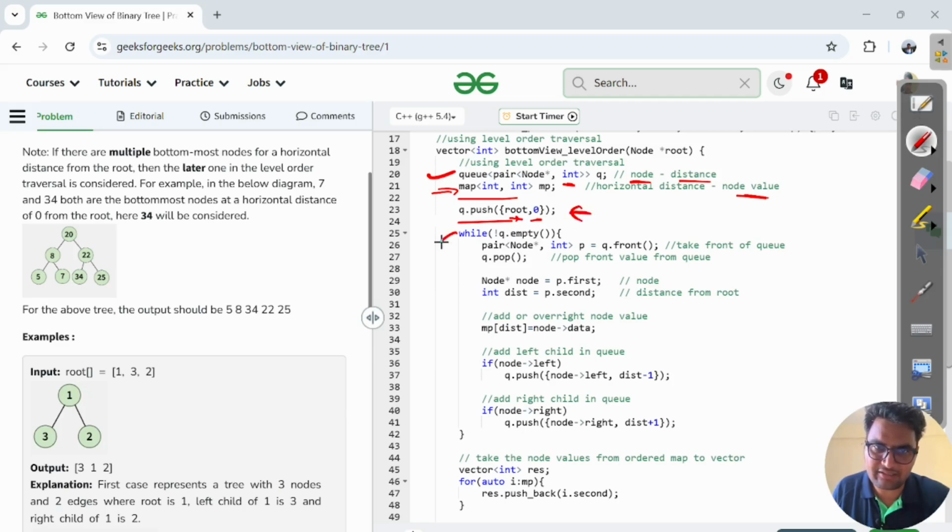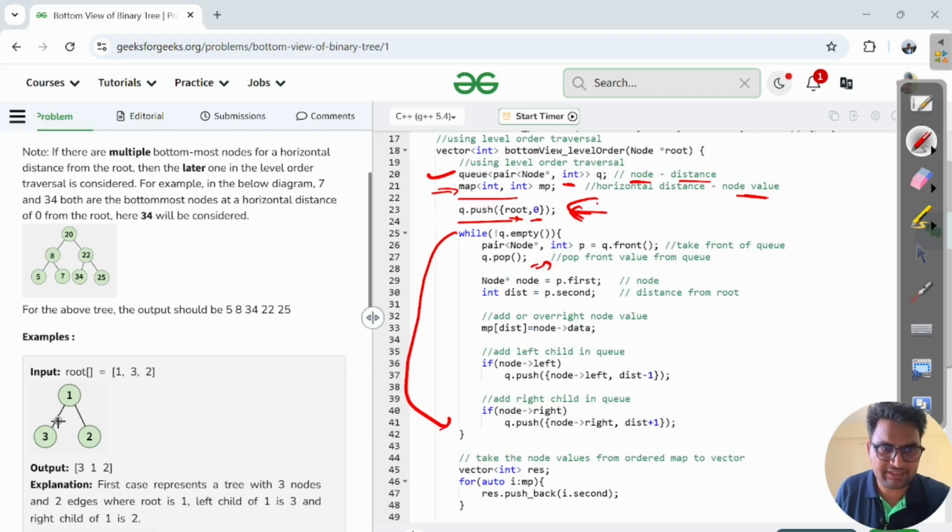Then I go inside the while loop and iterate until we get an empty queue. We have already inserted one node into the queue, so it is not empty. So we will go inside, take out the inserted node with queue dot front, and then pop it, removing that node from the queue.